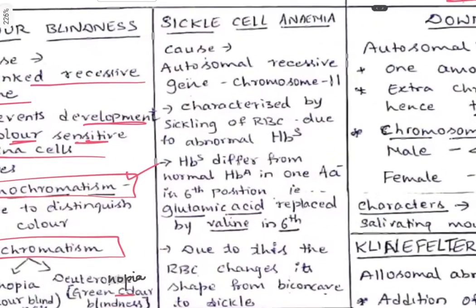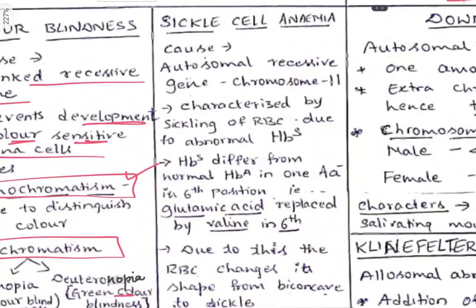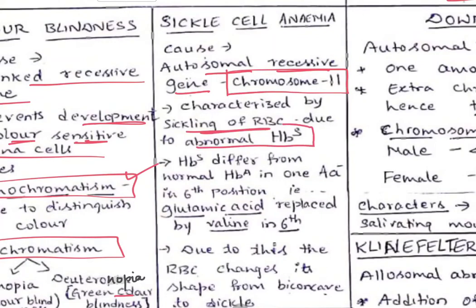Next is sickle cell anemia. It is caused due to autosomal recessive gene present on chromosome number 11. And it is characterized by sickling of RBC due to the production of abnormal HbS.